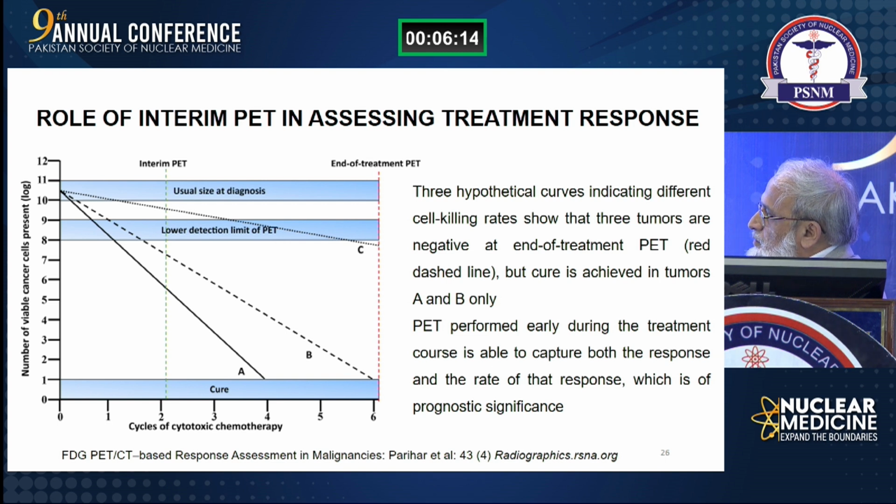So here, somewhere between the usual size at diagnosis and the cure is the detection limit of PET. In these two, A and B groups, we have a decrease of uptake in the cancer cells, which is rapidly decreasing, and they are lying within the low detection limit of PET. These two will ultimately go towards cure, and that's how the prognostic value of Deauville criteria and PET is established.